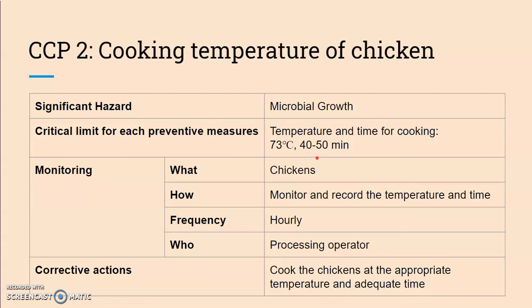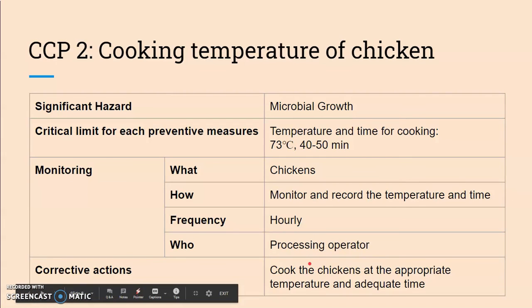Monitoring is on the chickens, and how we monitor is to monitor and record the temperature and time hourly, and who carries out the monitoring is the processing operator. The corrective action is to cook the chicken at the appropriate temperature and for adequate time.